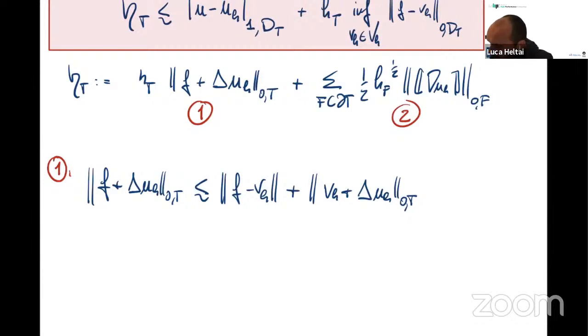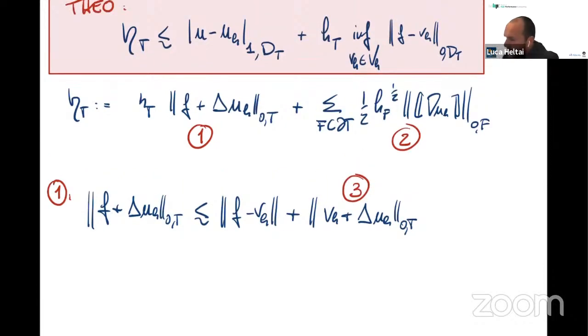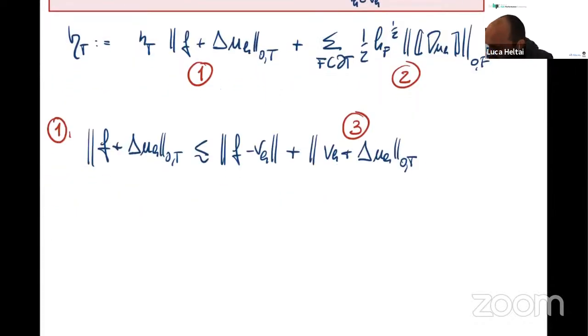Okay, so let's start by estimating term number 3, because this term over here, in some sense, is already part of what's written on top here, right? Okay, so let's estimate term number 3.